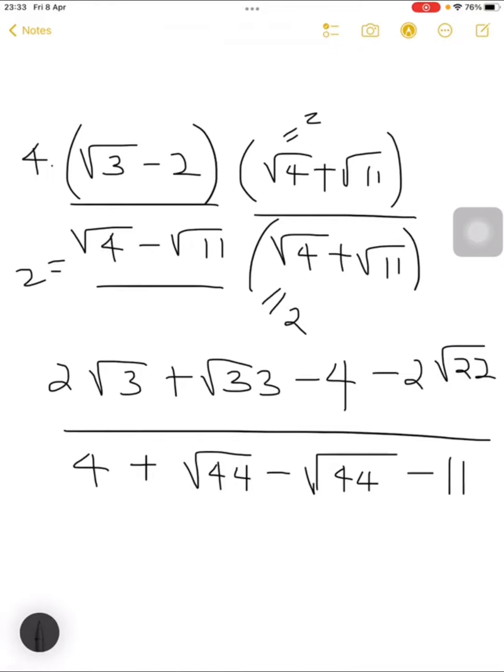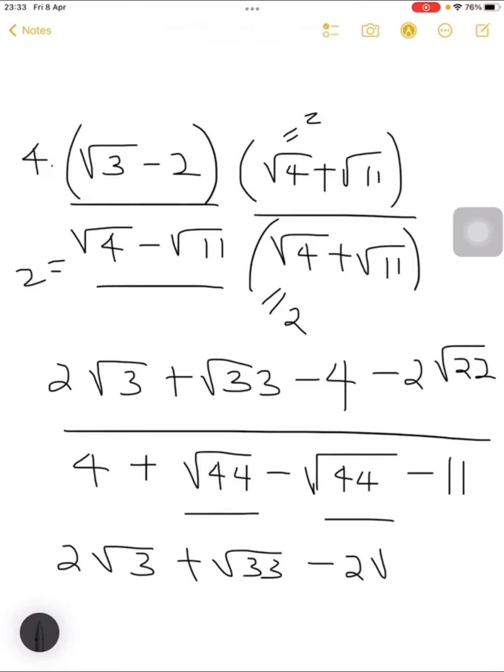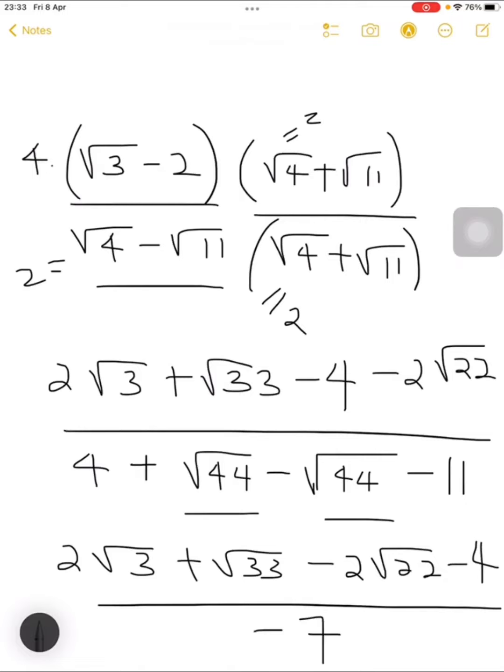Root 44 minus root 44 is 0, and therefore our answer becomes 2 root 3 plus root 33 minus 2 root 22 minus 4, and then divided by 4 minus 11, which is negative 7.